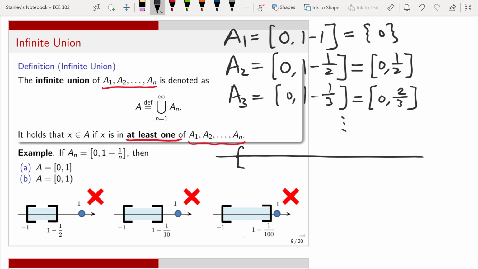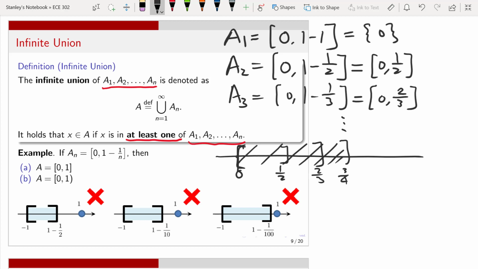A2 will be from 0 to 1 half. A3 would be from 0 to 2/3. A4 would be from 0 to 3/4, and so on. So you can see that it keeps going. Now we ask what will happen in the limit when n goes to infinity.